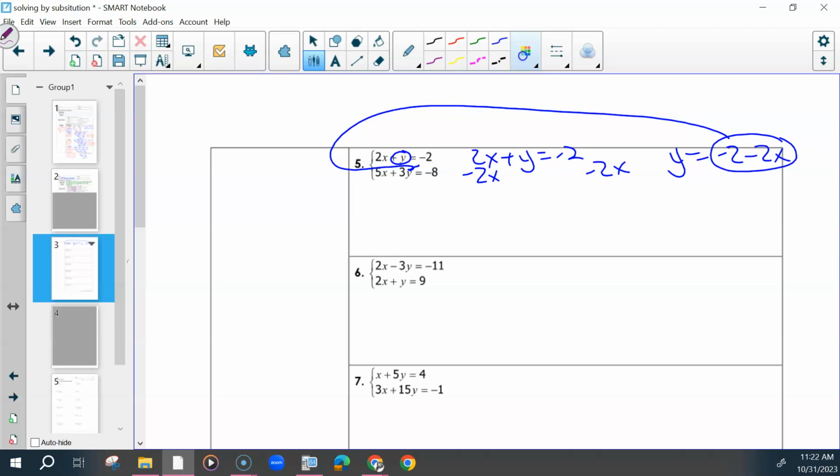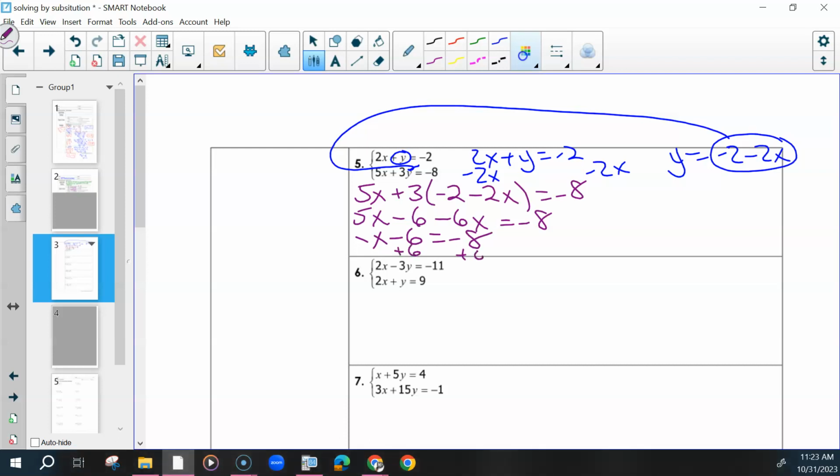Right, so we would rewrite this. 5x plus 3 times (-2 minus 2x) equals -8. And then we could solve. Combine like terms and solve for x.